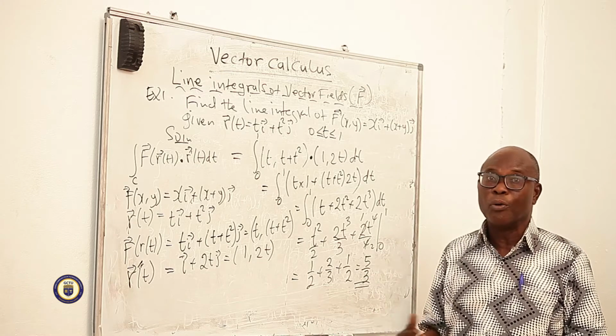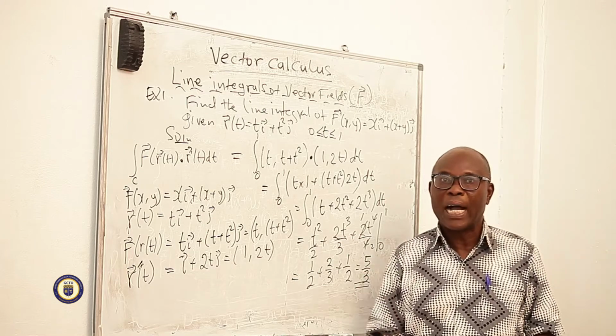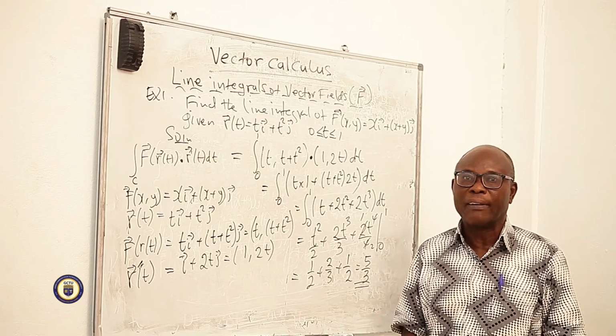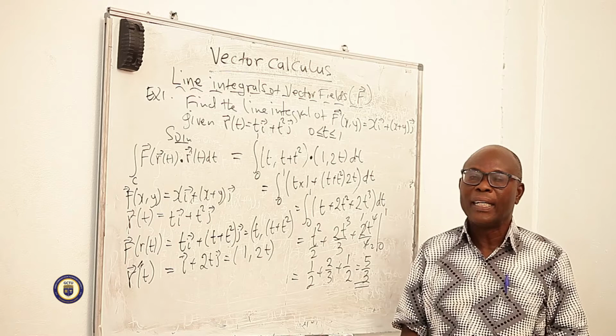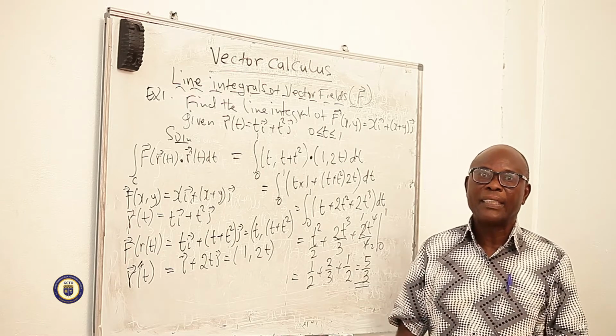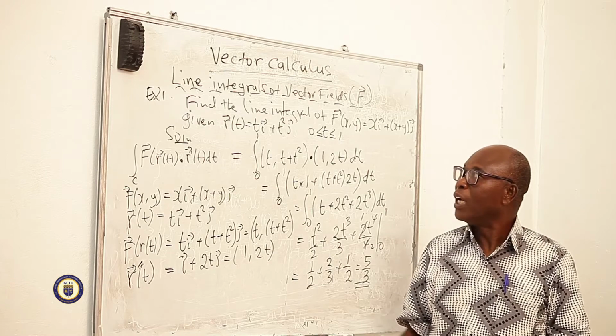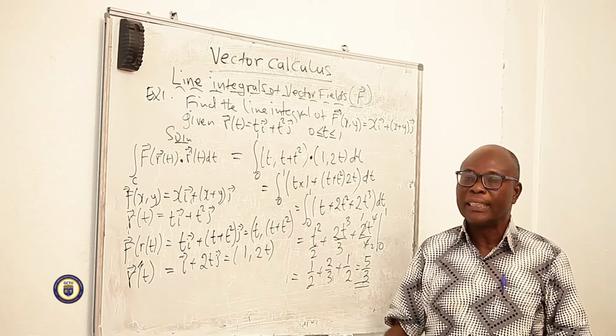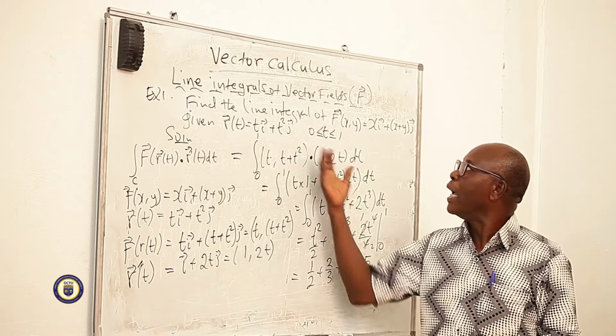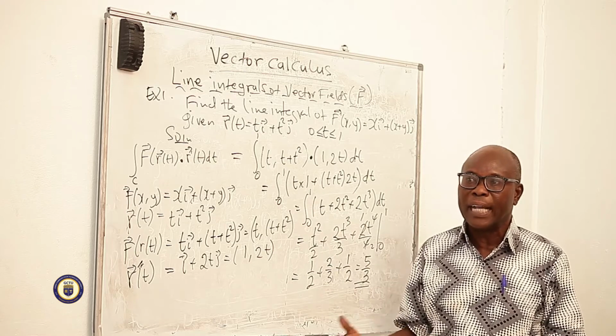The next example, we are going to also look at a line integral where the vector field is in space. The first example is where the vector field is on a plane x, y.